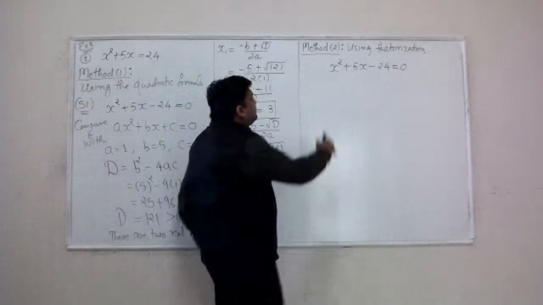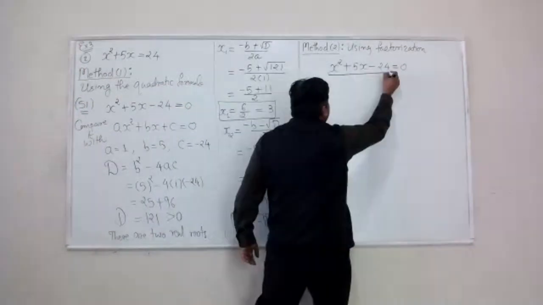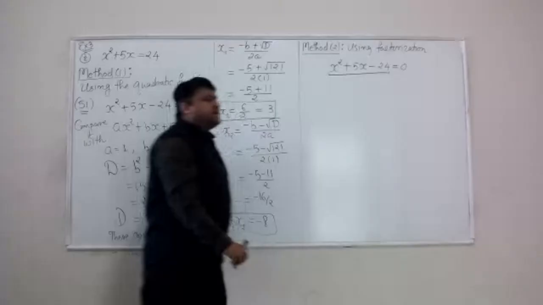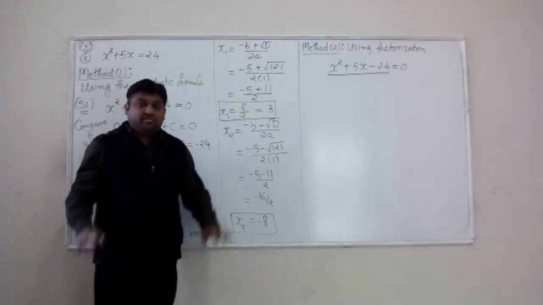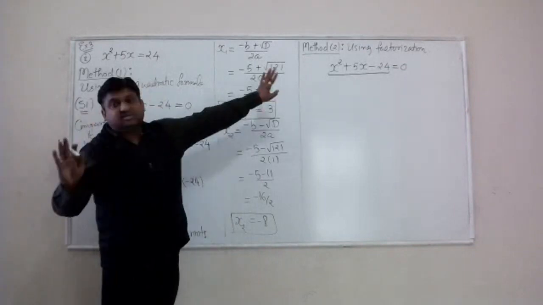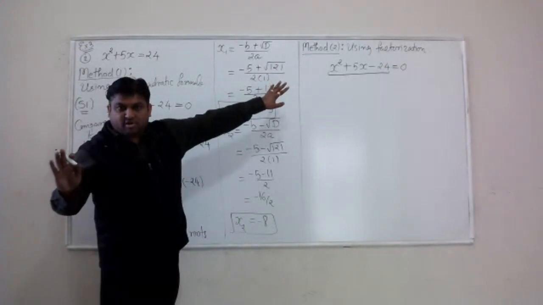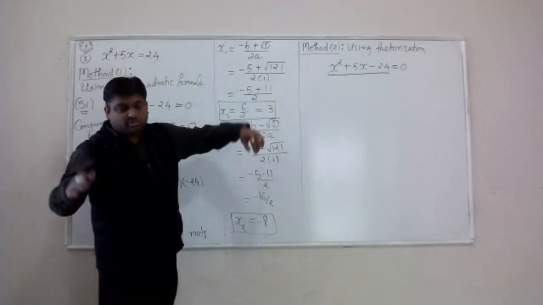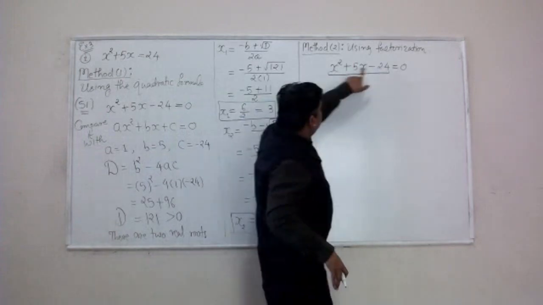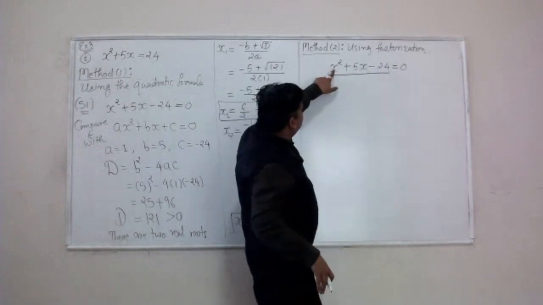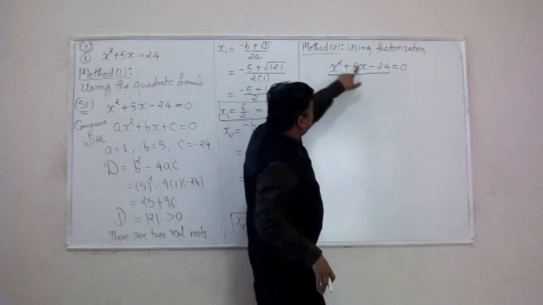I want you to notice that this left side is a trinomial, and we know how to factorize a trinomial. We don't know yet if it's a factorizable trinomial or not. We will have to check this. All right. Okay, so this is a monic polynomial. The coefficient of the x squared term is 1.